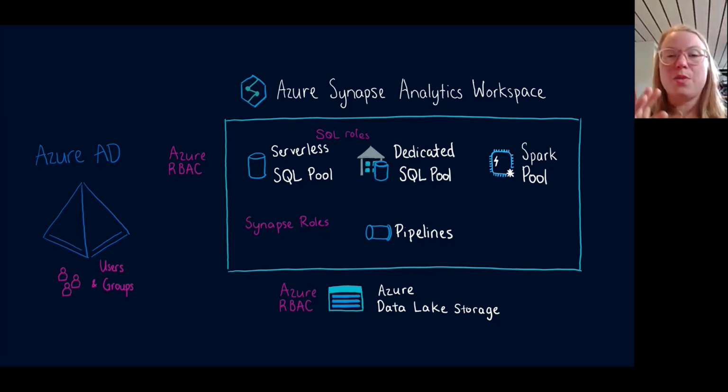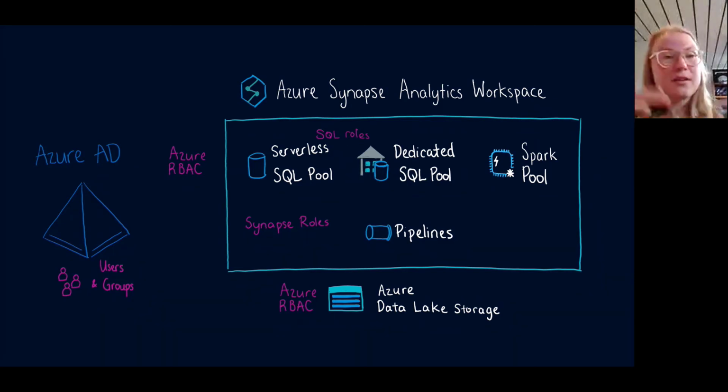In addition to that, we want to add that same group to the storage blob data contributor role as well, so that they have access to the Azure Data Lake storage. Then in the Synapse roles, we need to add them to the Synapse Admin role. That also takes care of the SQL side, and we don't have to manage that layer at all for these particular users. So in setting up all these roles, we just want to assign them to the group. In the future, we just add or remove users from that group.